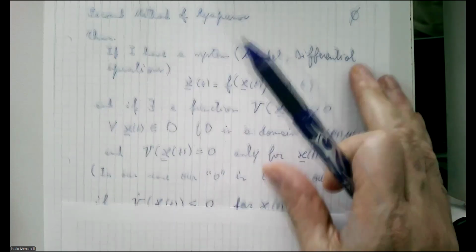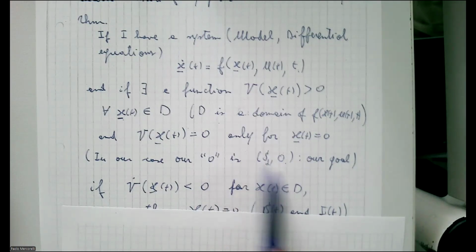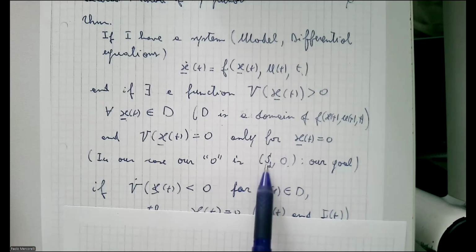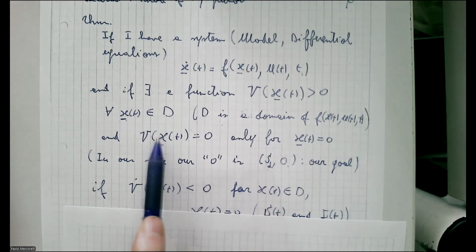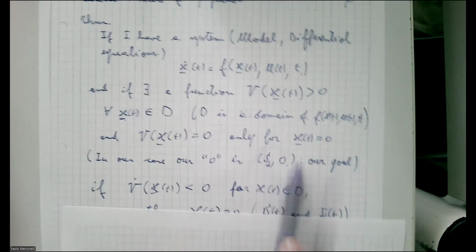This lecture here is dedicated to a particular system, which I hope to tell you at the end of the course, but I'm not sure. Basically, we have an equilibrium point or a trajectory in which the function, which I define here, is zero. This means this is our goal.